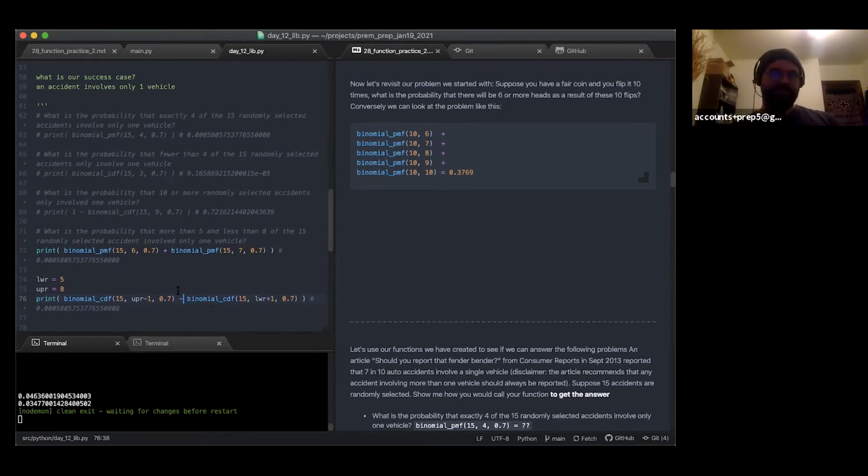What am I doing wrong here? I've made some kind of error. I want to keep lower? Wait, am I crazy?